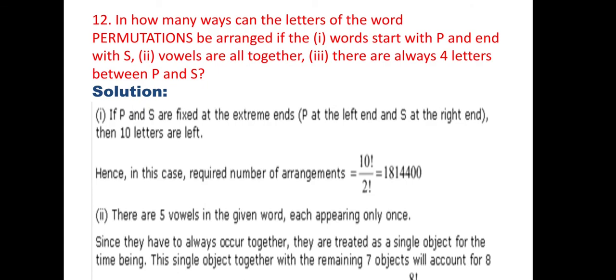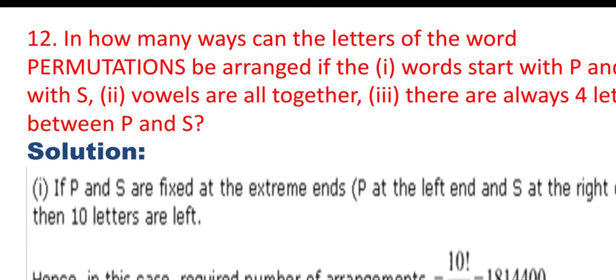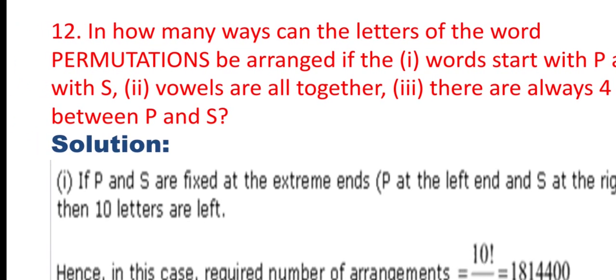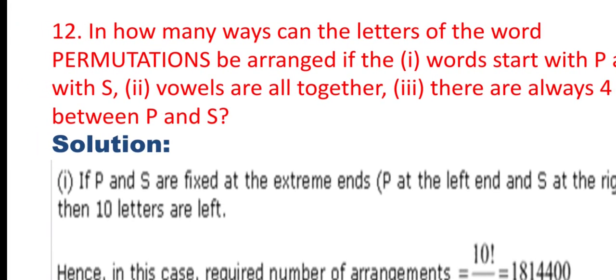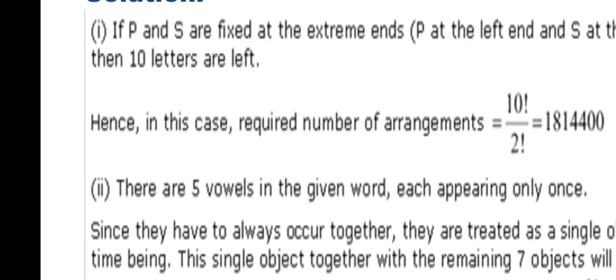The number of ways to arrange them is factorial n divided by factorial of the repeated letters. So 10 factorial by factorial 2, since only T is repeated twice. After expanding it we get 181440. So the first question is over.